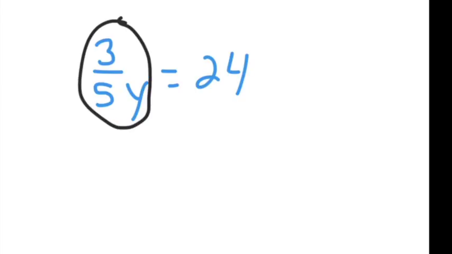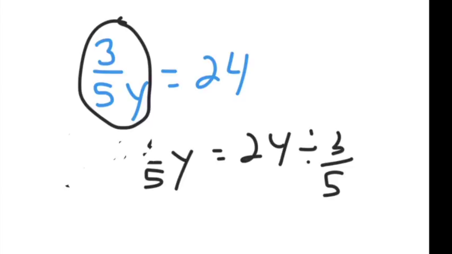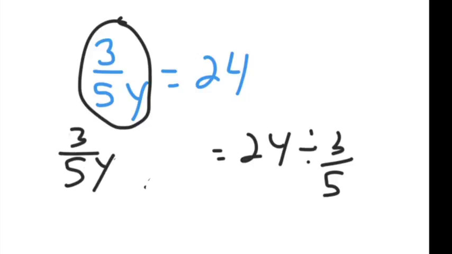So we could do this a couple ways. I could say, okay, 3/5 y divided by 3/5 equals 24 divided by 3/5. I actually wrote this wrong, so let me just erase that. We should put 3/5 y divided by 3/5. Sorry about that. Okay, so when we do this, you should know keep it, change it, flip it.